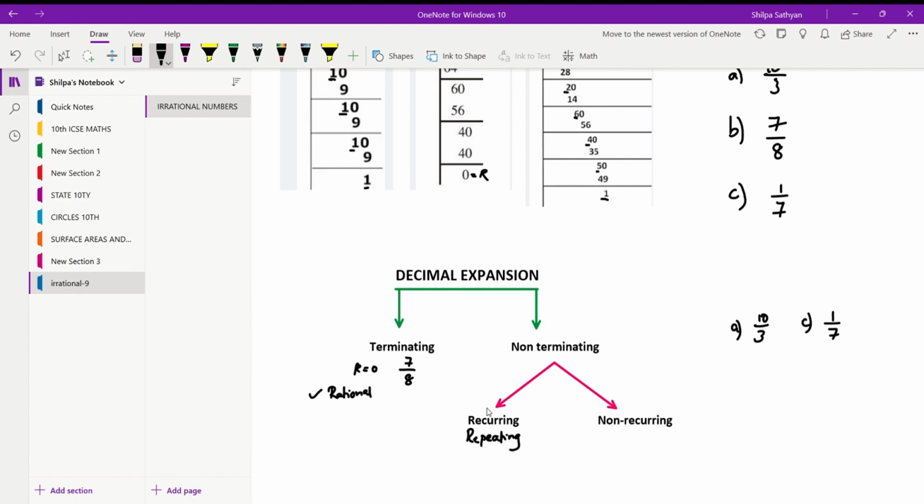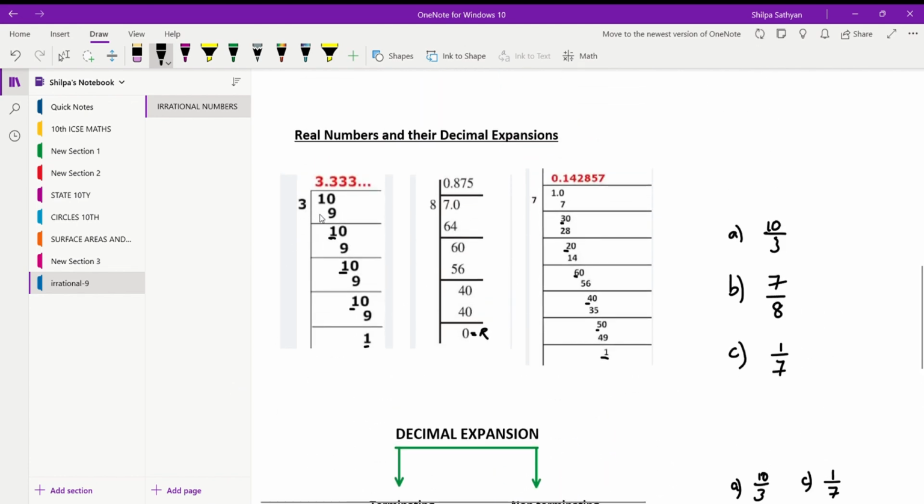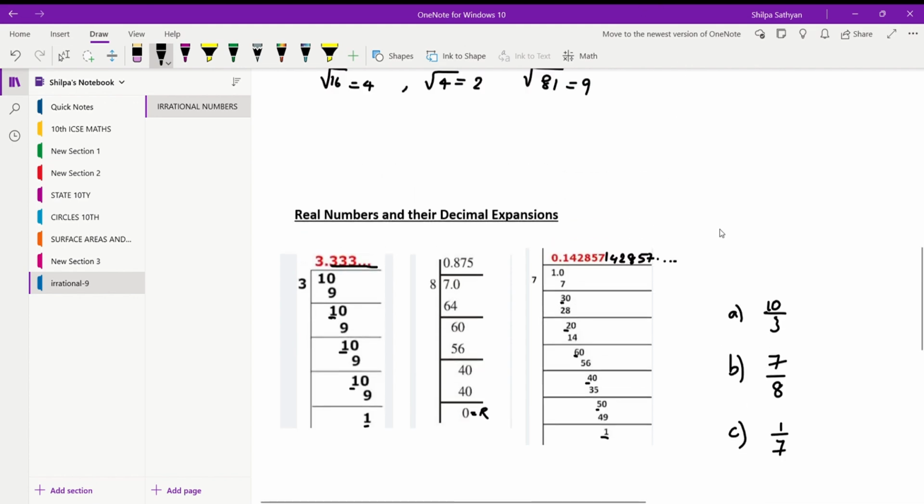Both are repeating. You can see in 10 by 3, the digit 3 after the decimal is continuously repeating. And here, after 6 digits again it starts, again it will repeat. So it is repeating or recurring.